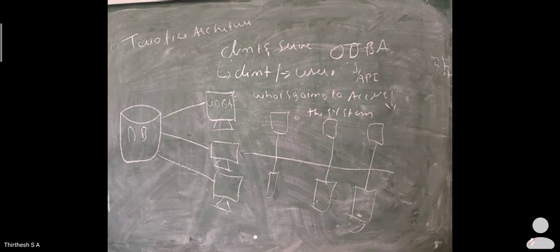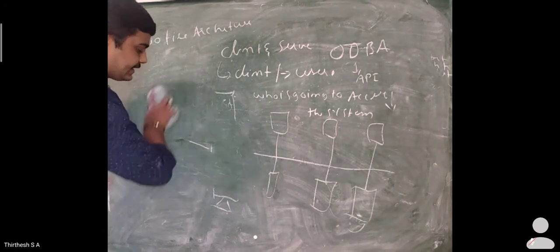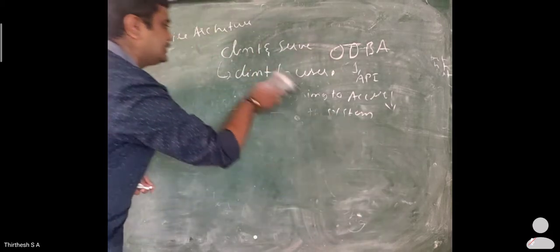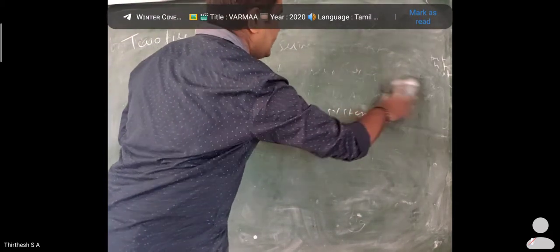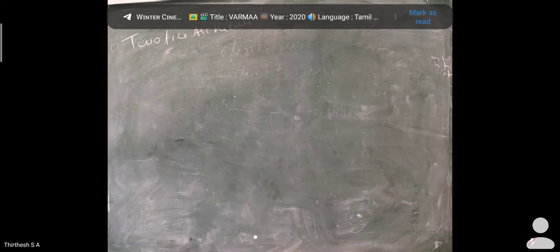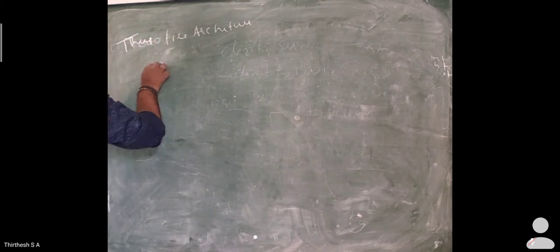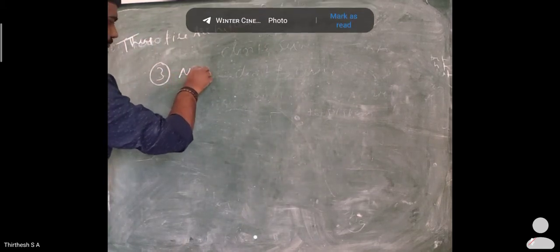Now let us learn level 3 or tier 3 architecture. Tier 3 architecture consists of three main tiers.